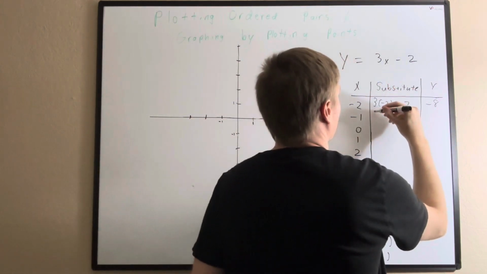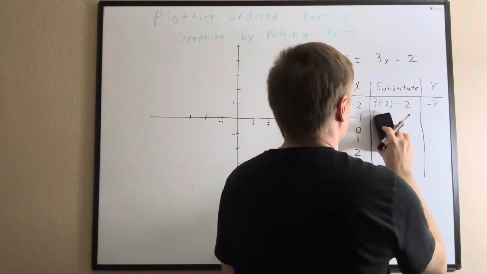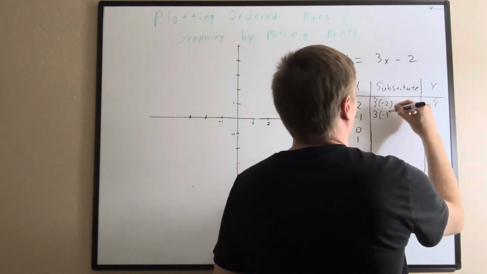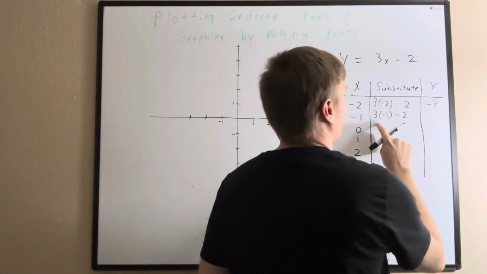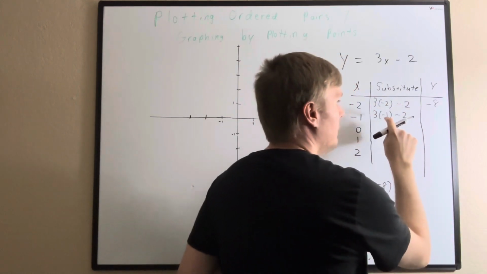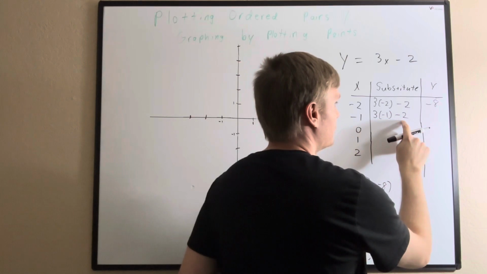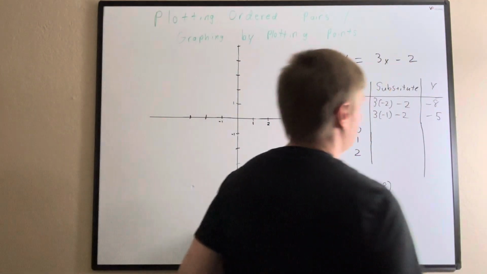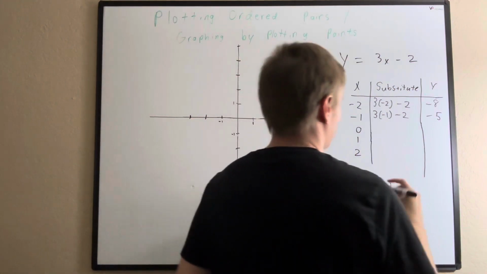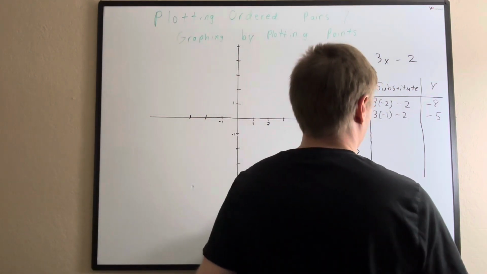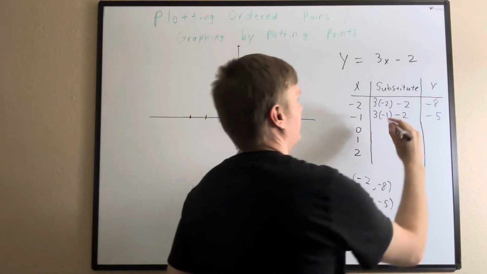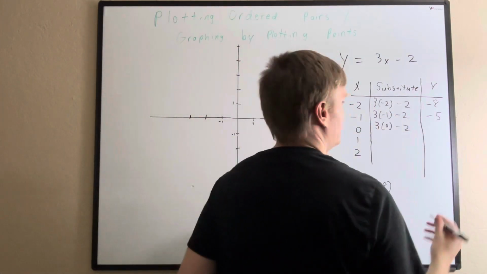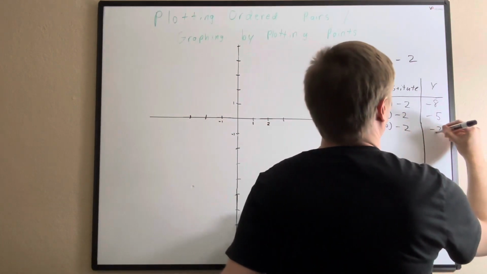Now, do the same thing with -1. Three times -1, -3 minus 2, -5, right? All right, same thing with 0. 3 times 0 is 0, minus 2, -2.